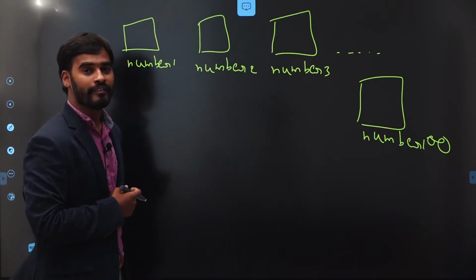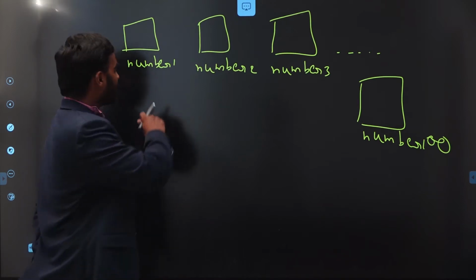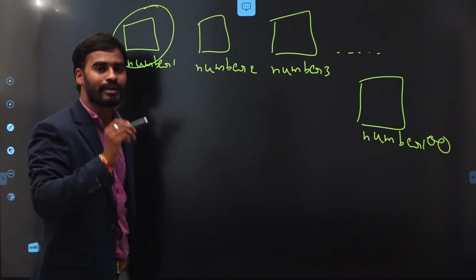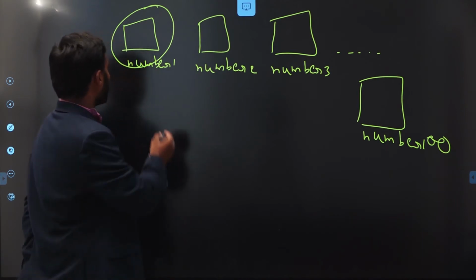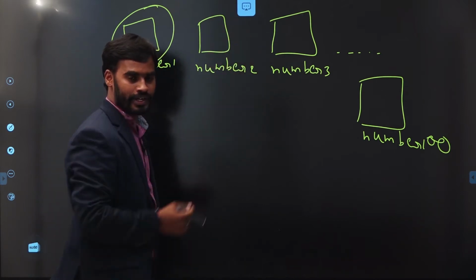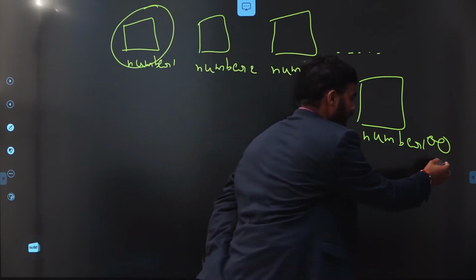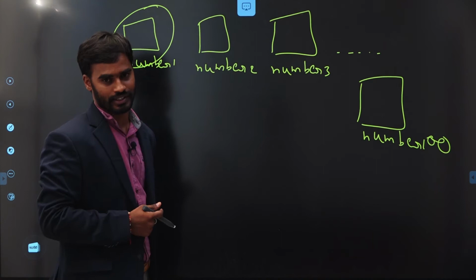Memory will be allocated for each and every variable, and these memory locations will be random, depending on where memory is available. Number 1 will be in one location, number 2 in some other location, number 3 in another, and number 100 in a different location. So all the variables will be at different locations.